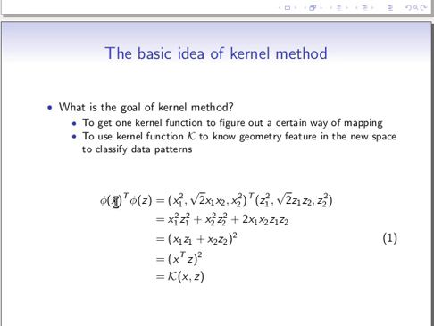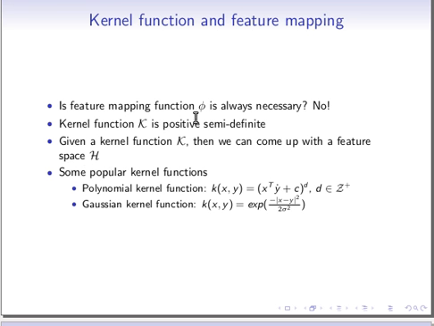In other words, we can use kernel functions to reason about the geometry features of the data in the new feature space. So we may not need to know the feature mapping phi, but we can use kernel functions to approximate the geometry of data in the new feature space.